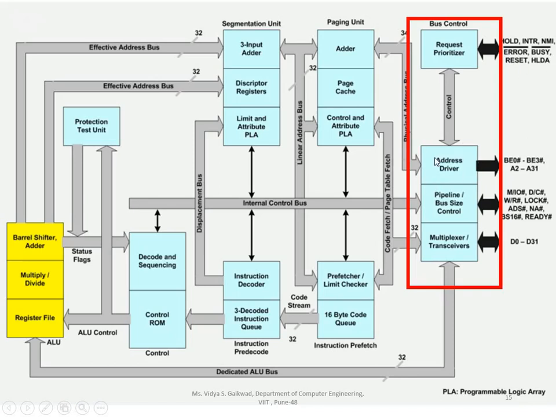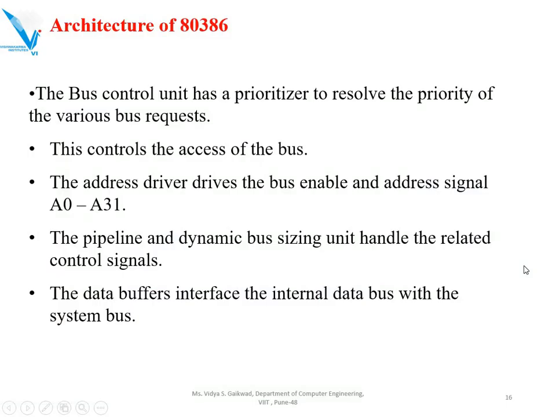Then for the address driver, we will be using A0 to A31, right? Address bus. The next, multiplexer or transceivers. Since we are sending data bidirectionally, all the D0 to D31 will be used here. So let's see in detail.